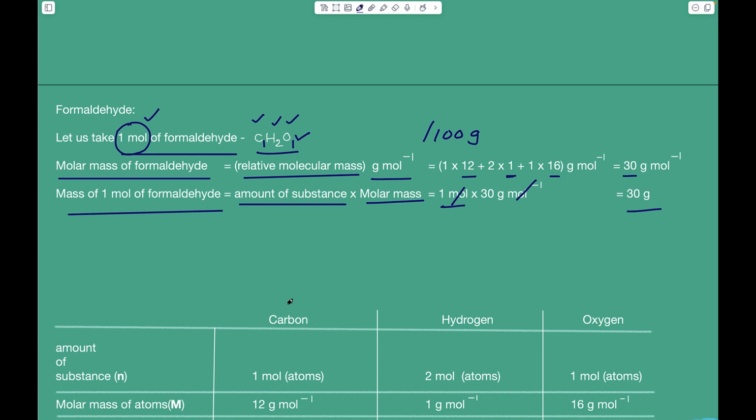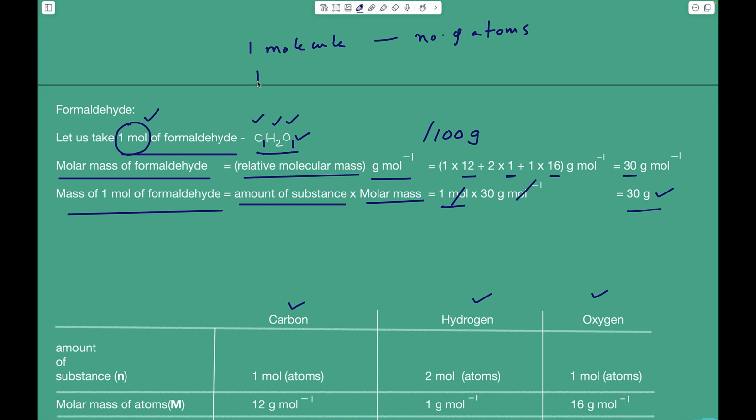Now, what is the mass of each of these elements present in 1 mole of formaldehyde? That is 30 grams of formaldehyde. Remember, the subscripts of each element present in the molecular formula tell us two things. If you take one molecule of that compound, then these subscripts tell us the number of atoms of each element present in one molecule of that compound.